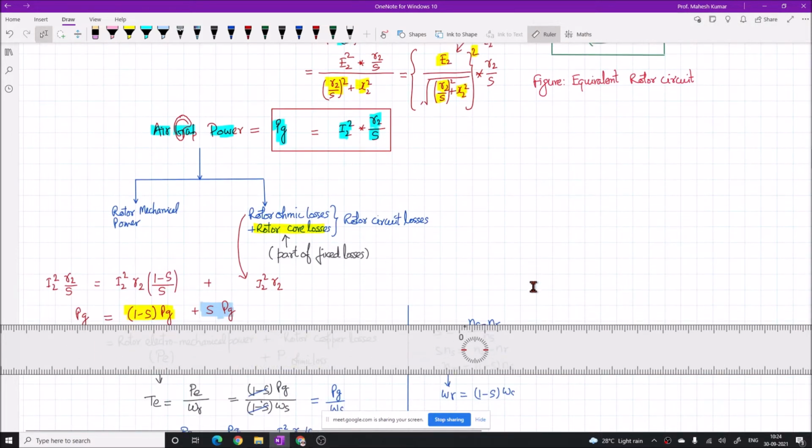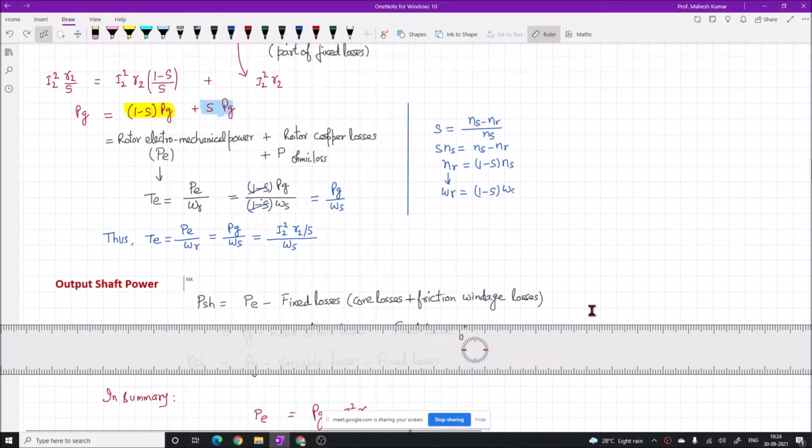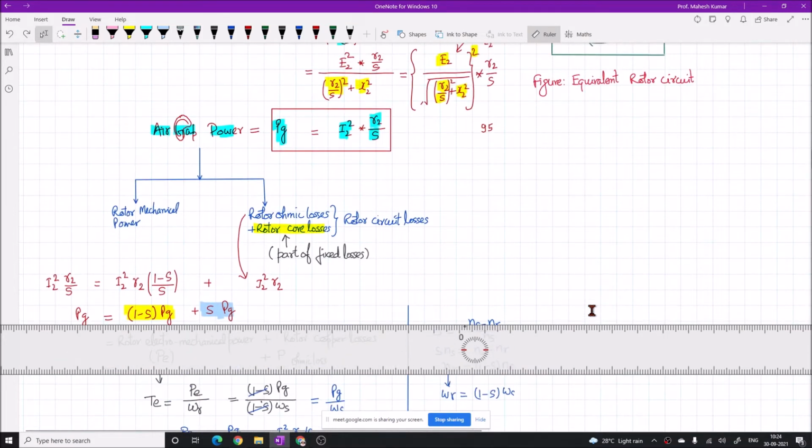Now this air gap power, which is the input power to the rotor, which is the power transferred from the stator to the rotor, has two parts. Number one is the rotor mechanical power, which is converted into mechanical energy of the rotor, and the other part is the rotor ohmic losses plus rotor core losses.